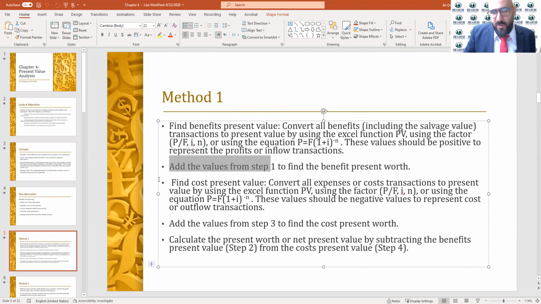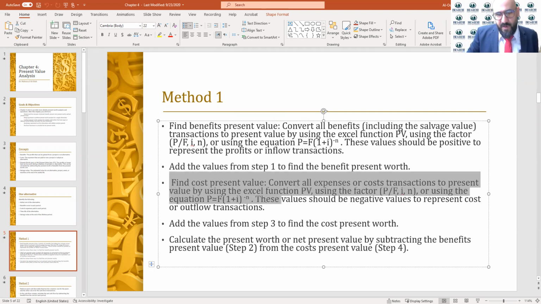Then we move into the cost transactions, find the cost for that project or alternative, and add them together. In the last step, to calculate the net present value, you subtract the cost, which is step 4, from the benefit, which is step 2. We will take an example in just a second, and I will show you how you could apply this.